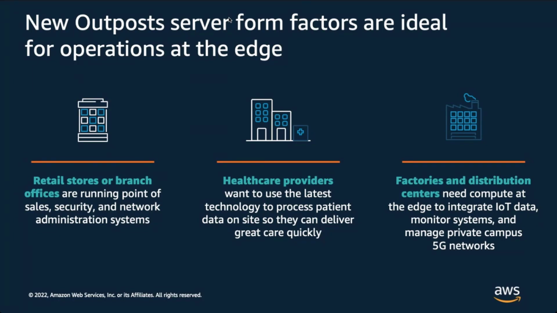So marrying those two together can really help streamline things and make you more efficient, and really focus on the things that matter more to your business outside of managing hardware and things that run on that hardware. But these are some of the industries that we really see Outpost servers as a use case. They're not the only ones, but these are some of the big ones.